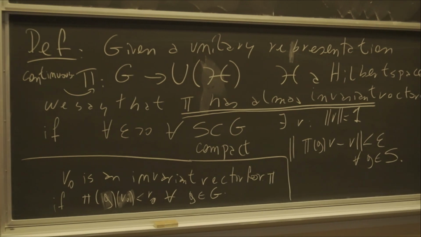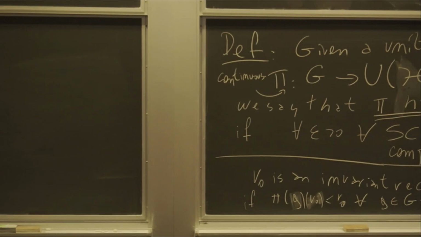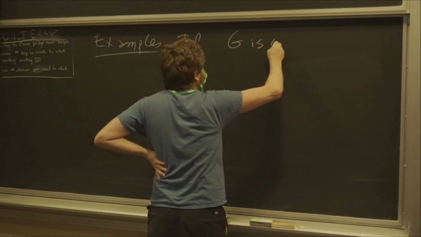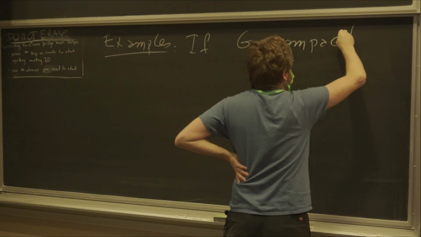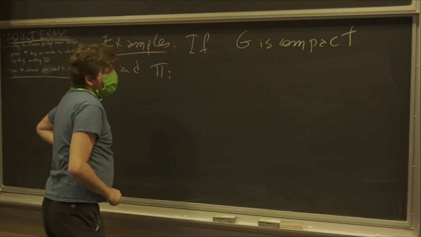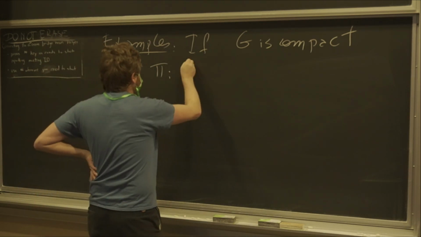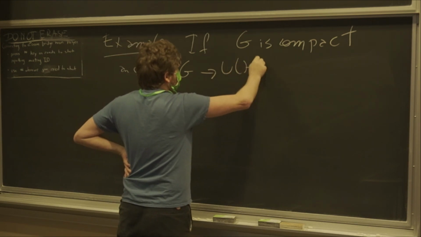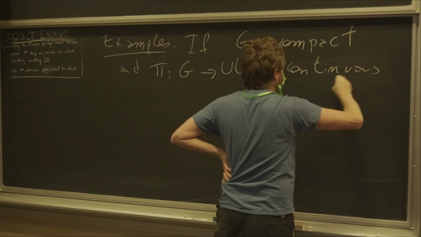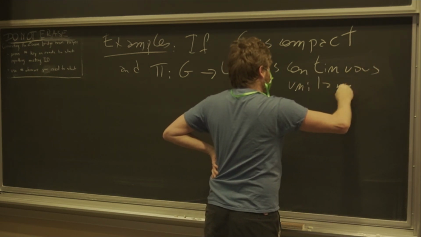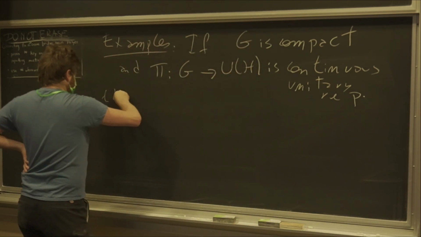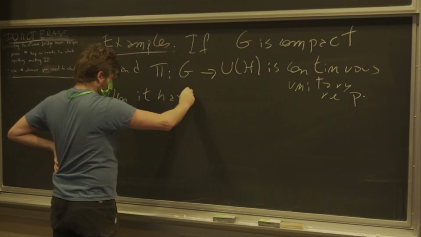Then examples. If G is compact and pi is a continuous representation, then it has invariant vectors.